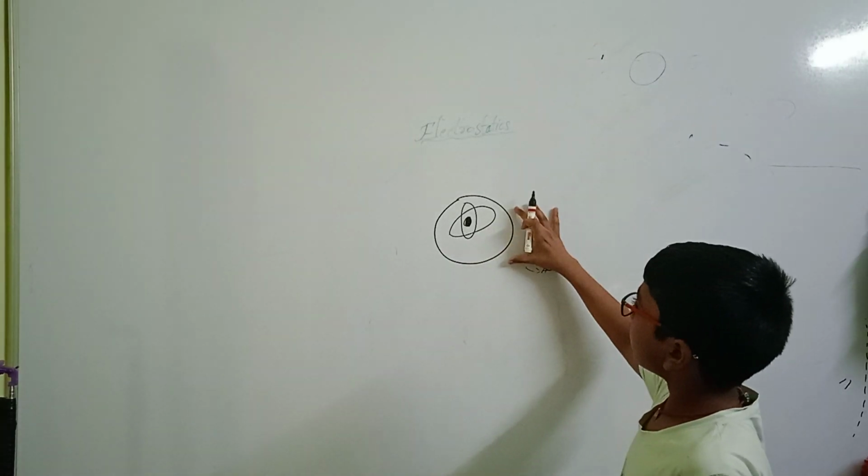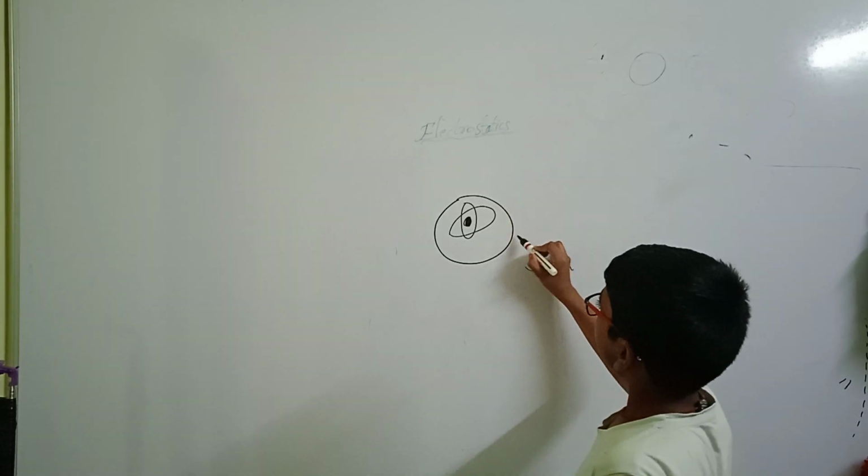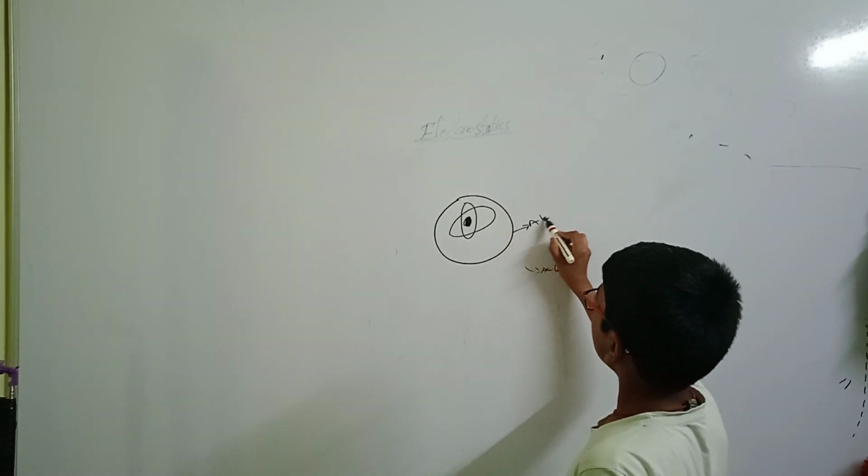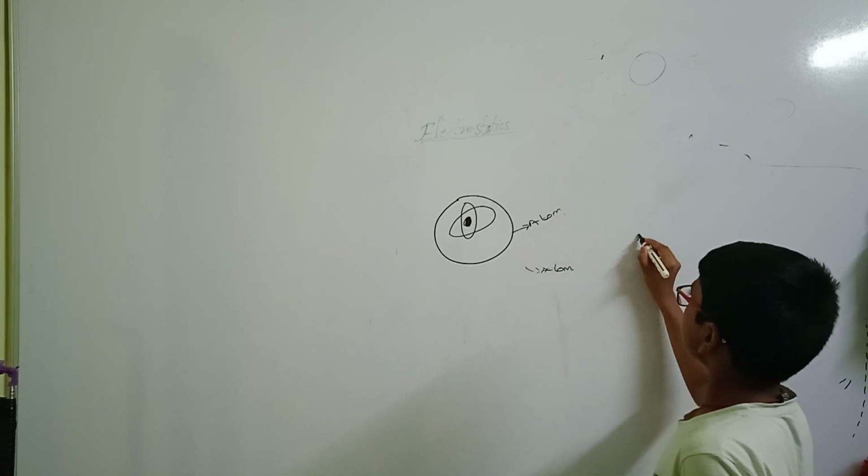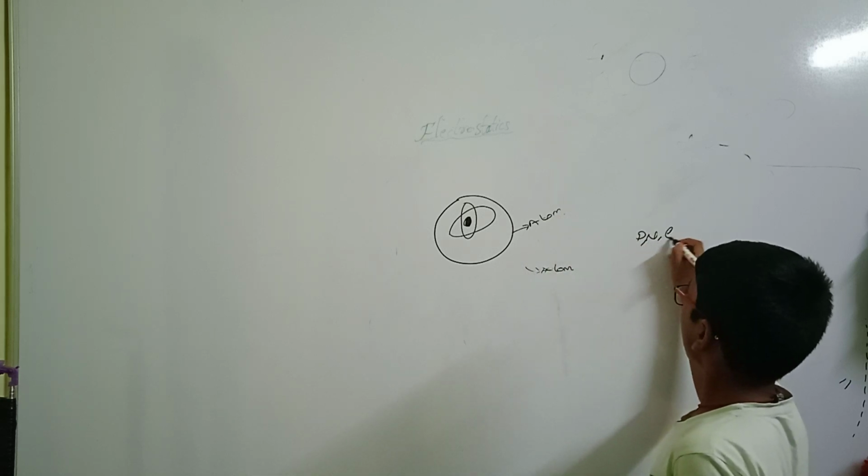First, we take an atom. An atom contains protons, neutrons, and electrons.